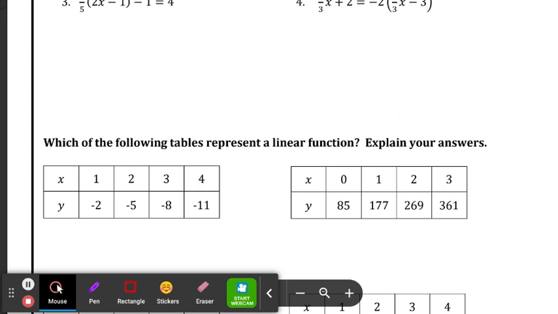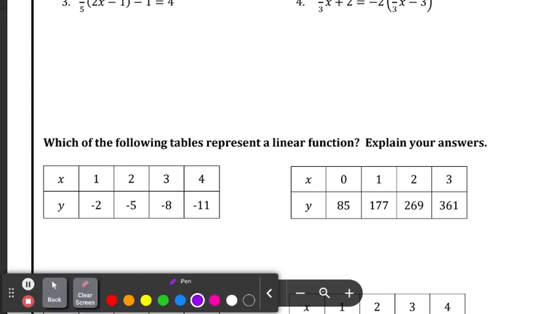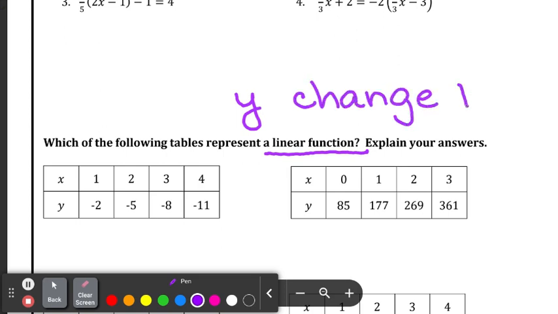The last section, which of the following tables represents a linear function? Explain your answers. What you're looking for in linear is that the y values, the output, change by a consistent adding or subtracting.